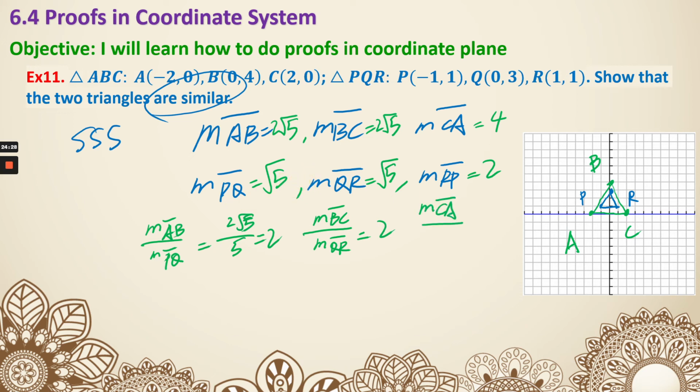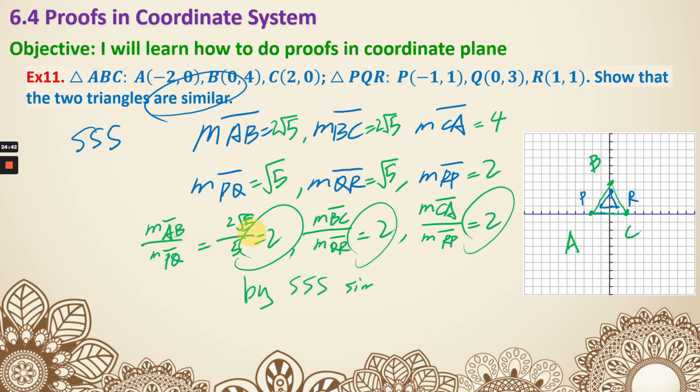CA over RP is also 2. Which means they are all the same. So by side, side, side similarity, I can conclude triangle ABC is similar to triangle PQR. That is example 11.